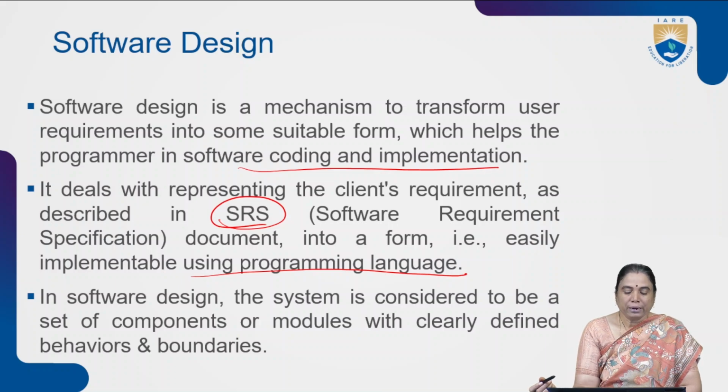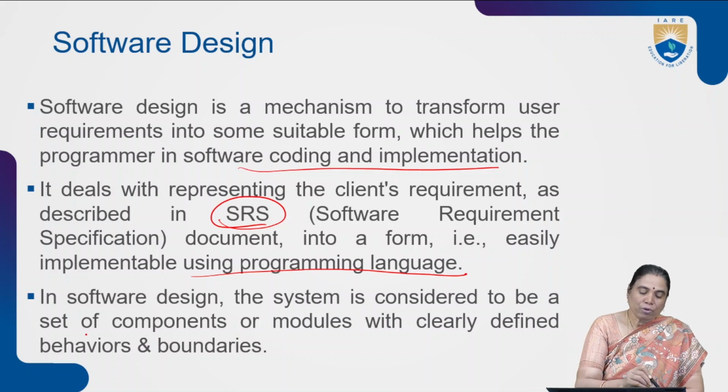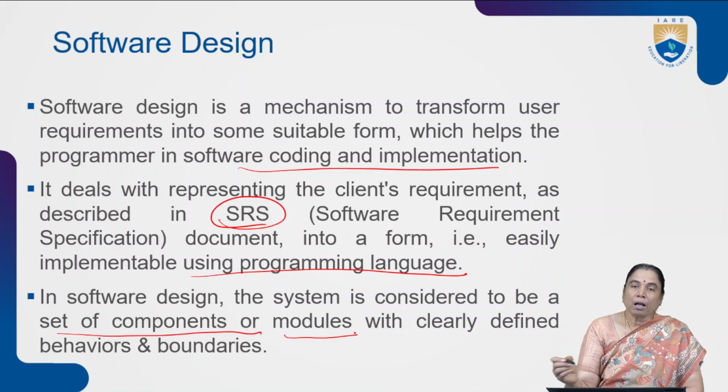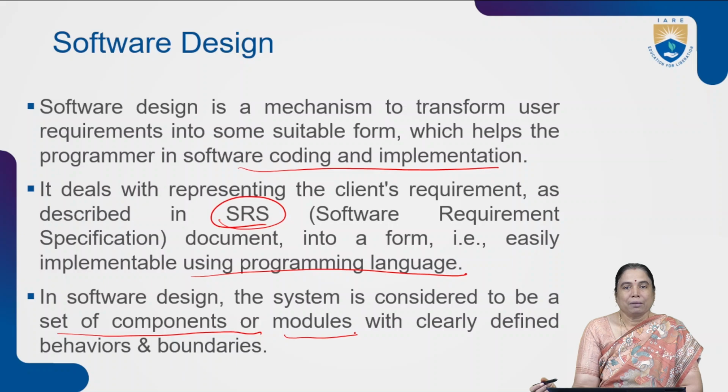In software design, the system is considered to be a set of components or modules. On the basic design principle of separation of concern, the project can be divided into small manageable units, which are called components or modules.